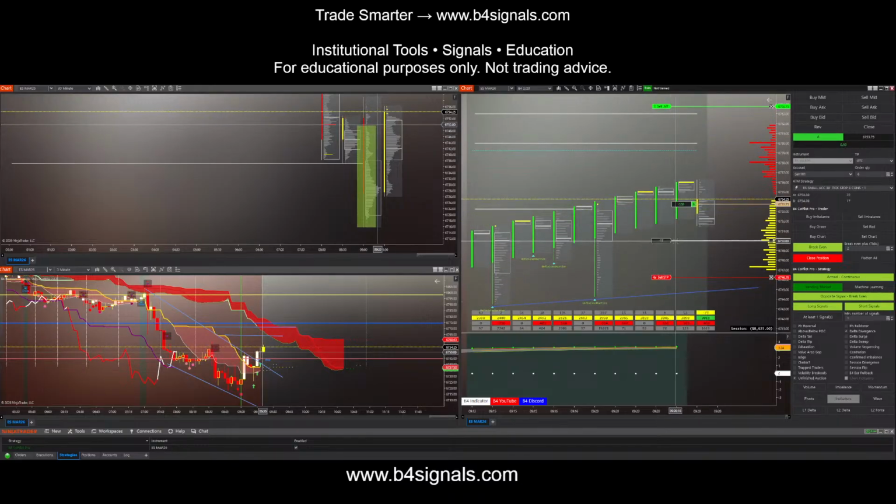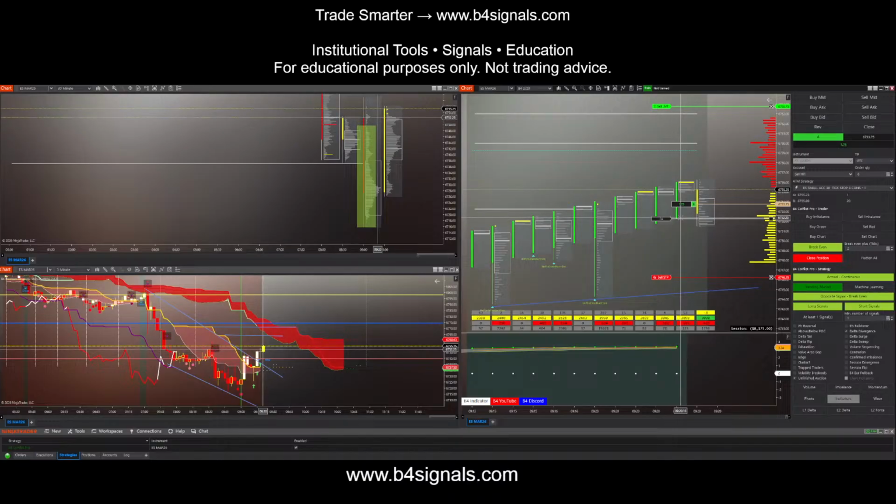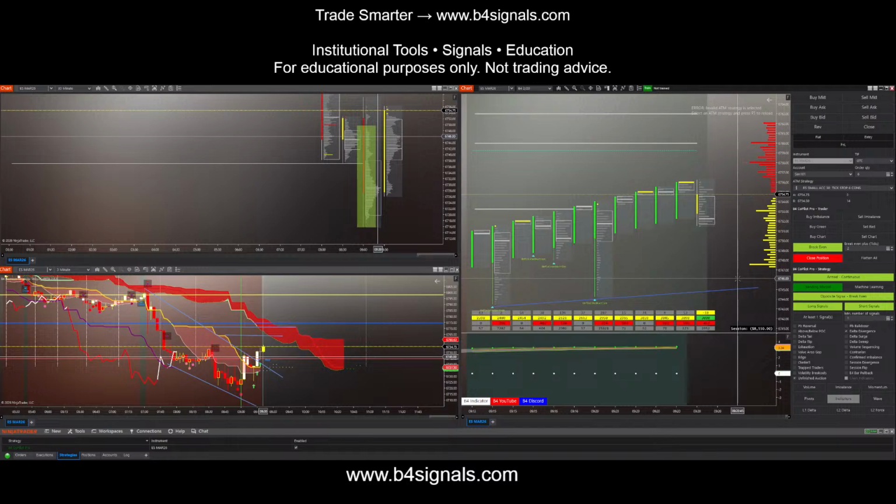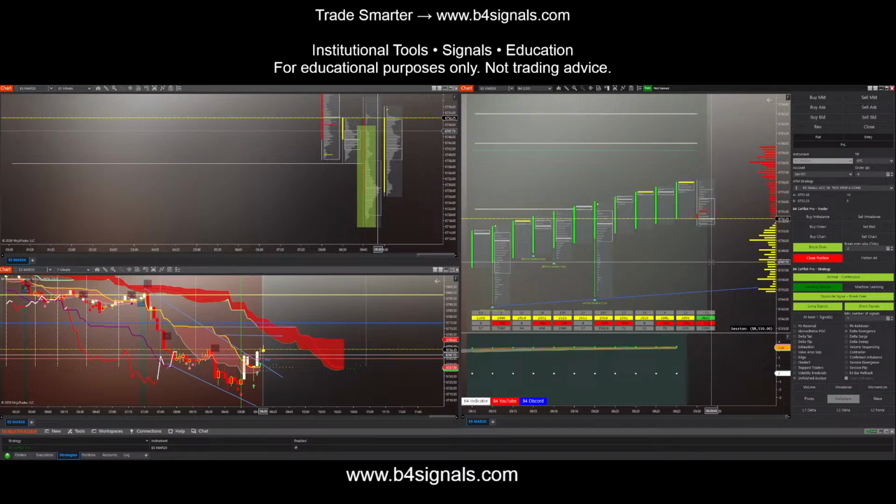I'm going to mitigate that. In fact, I'm probably going to lock that in. Stop filled. I don't trust it. And it may very well shoot all the way up here, but I don't trust it enough.